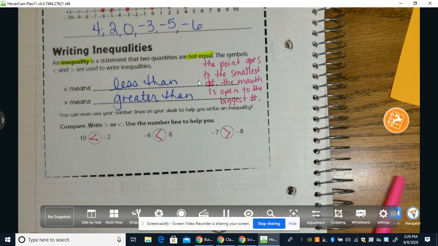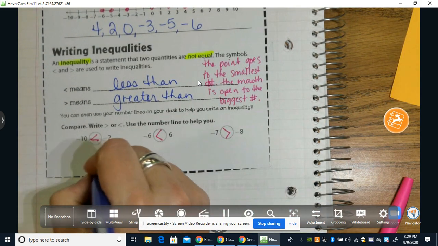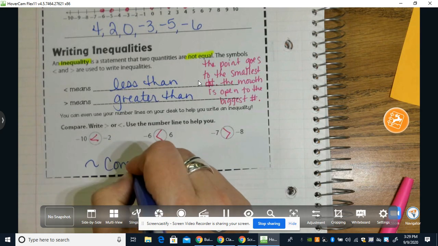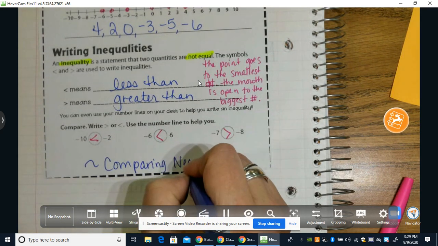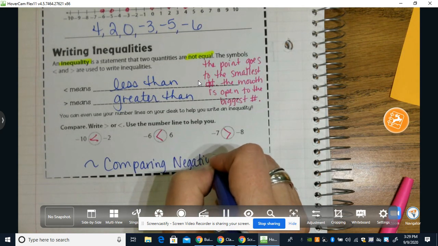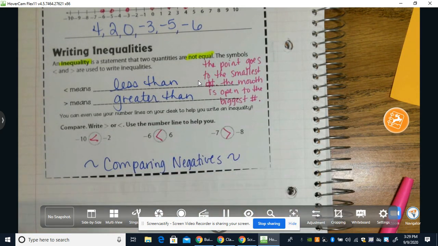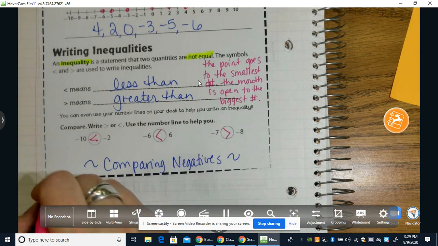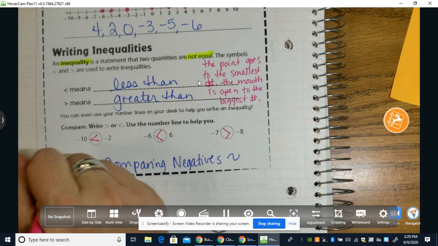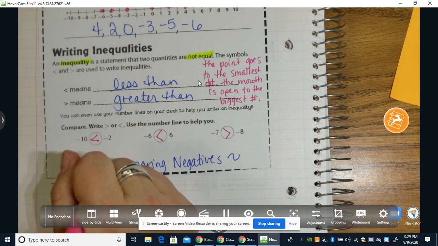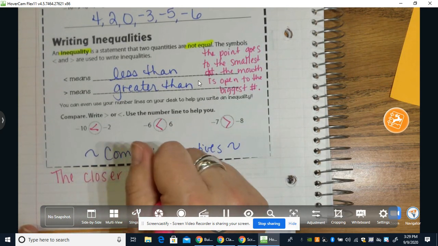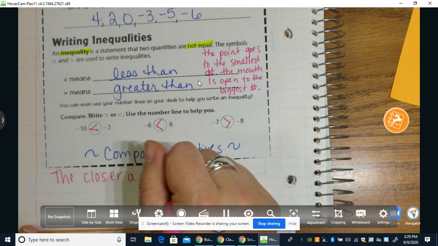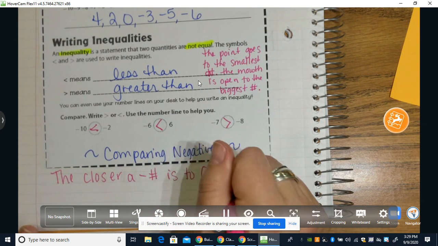And that little thing that we were talking about with negatives: when we're comparing negatives, the closer a negative number is to 0, it's bigger.